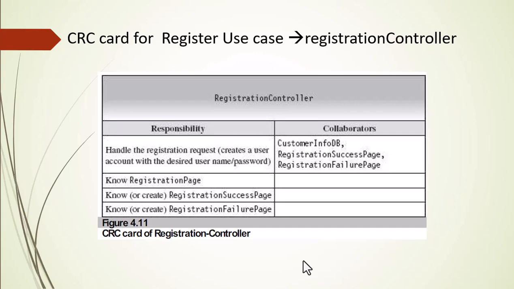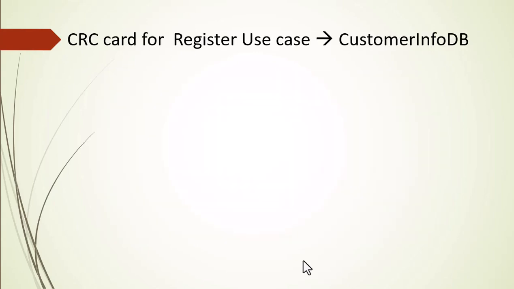These are collaborators. Why? Because with the success page and the failure page, we know whether our registration was successful or not. And then the rest of the responsibilities. Remember that collaborators are not necessary for each responsibility. There can be a collaborator for certain responsibilities.